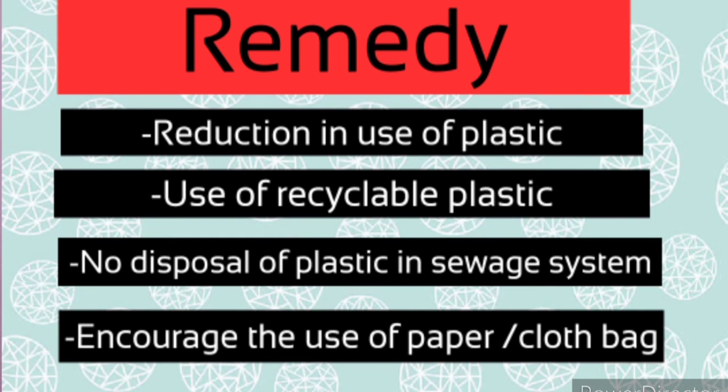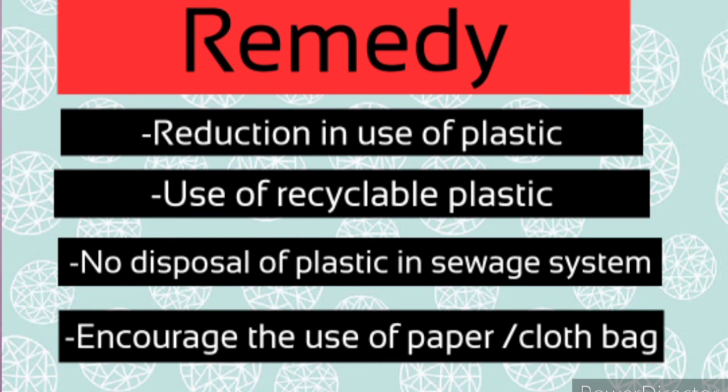Next is that these should not be disposed in the sewage system. Why should these not be disposed in the sewage system? Because they block the entire sewage. That means if there is any drain or any sewage pipe, and a plastic goes and adheres over there, it will not be removed easily because it does not degrade.